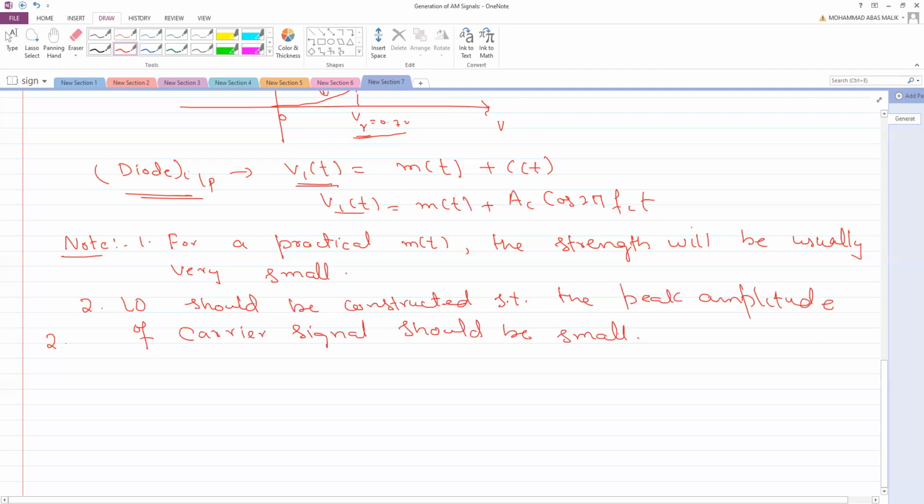So the local oscillator should be constructed in such a way that the amplitude of the carrier signal is very small.